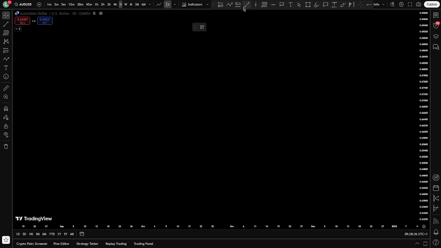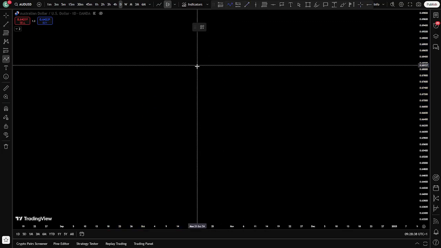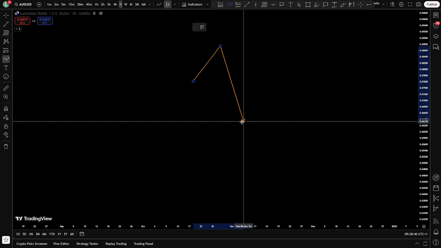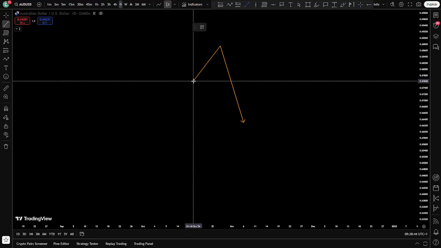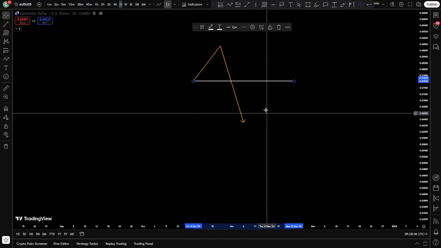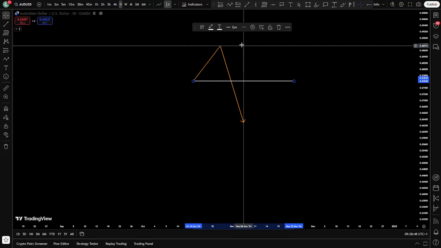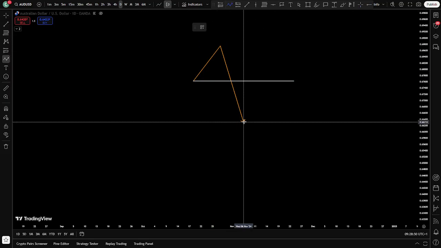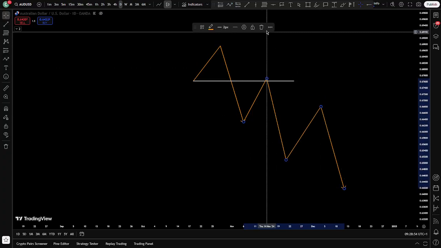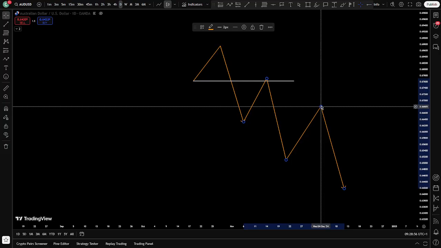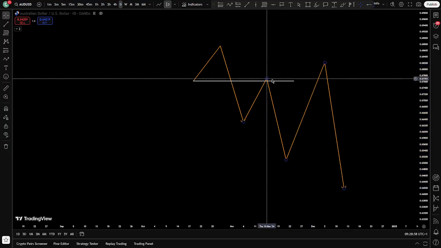We see price open, see price create something like this. And one thing we know is that this becomes our entry, and then we anticipate price coming there, and then selling, and then coming there, and then selling. Now, here's the thing. Sometimes price will go high to clear you out.